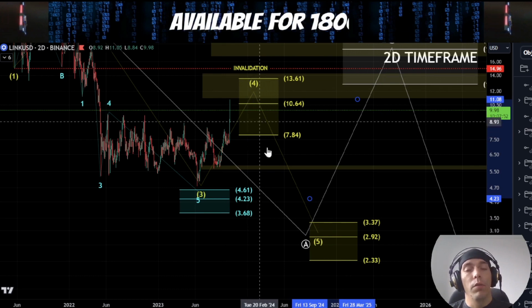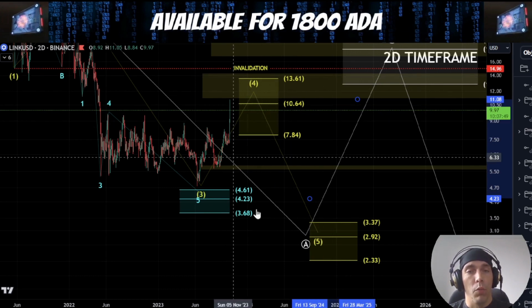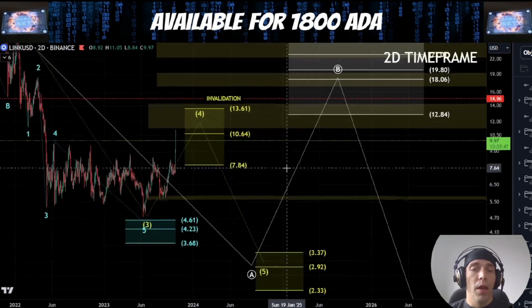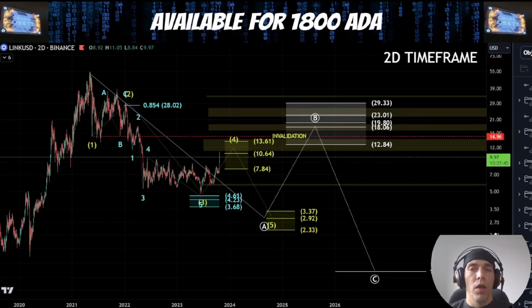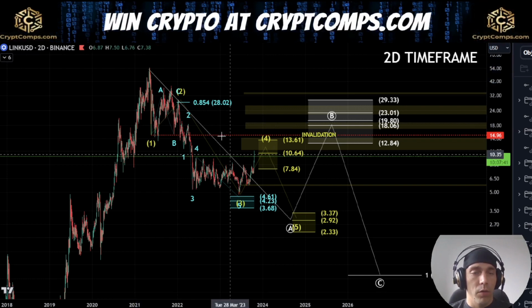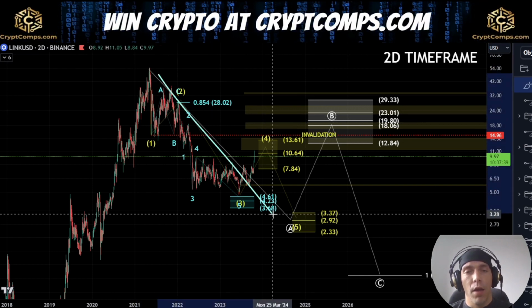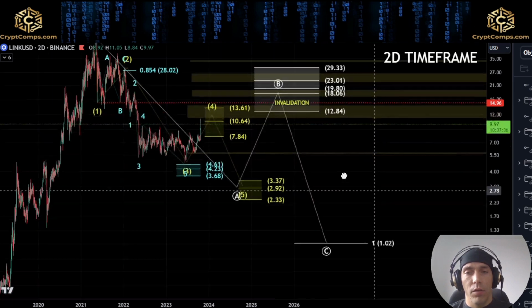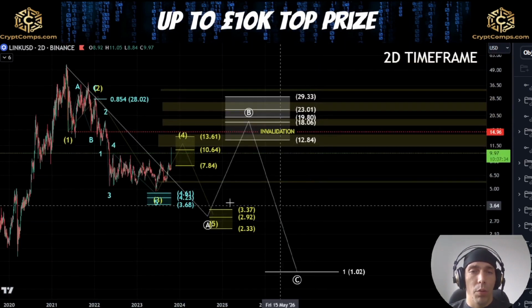This is what I'm going to be looking for on the structure of the moves that actually play out after this point. If we do get a 5-wave move down like this, what we need to be very careful of is that we have a 5-wave move off a high. This typically means that we're going to get A, B, and C to the downside, which means that we could see a small pump to the upside.